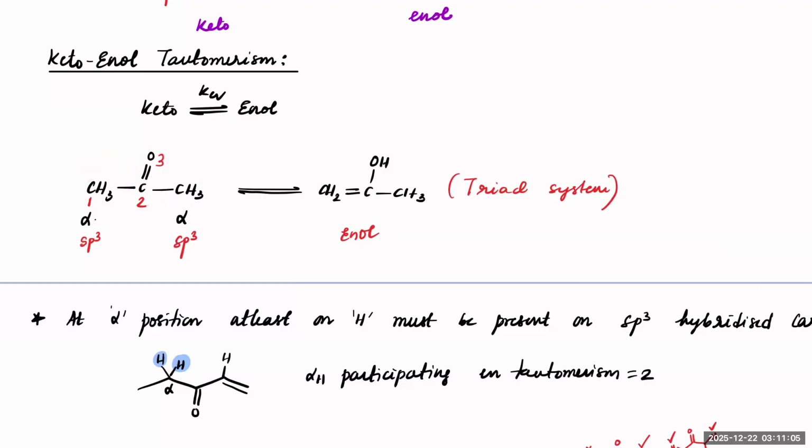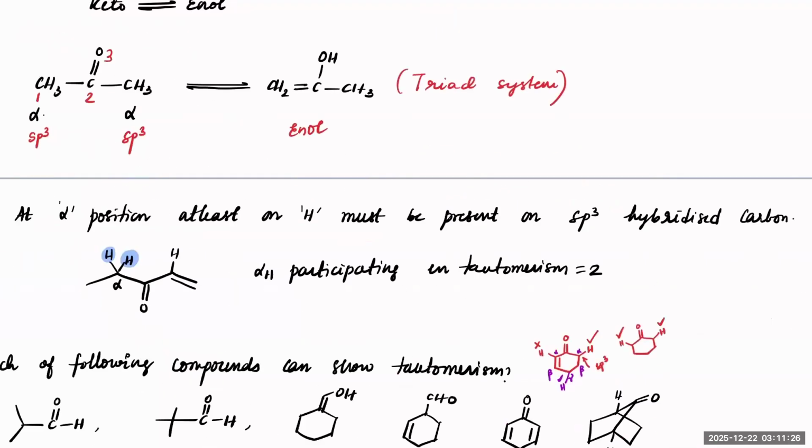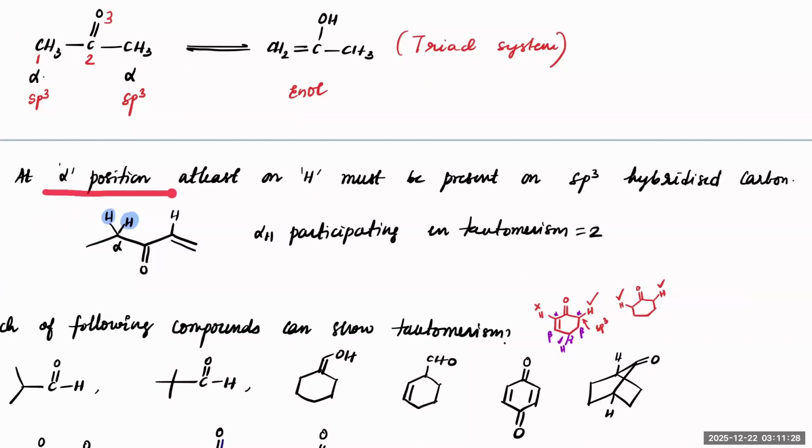In case you have an alpha hydrogen present on it, then we can showcase keto-enol tautomerism occurring. But what are the conditions? That hydrogen which is present must be on a carbon which is sp3. It must be sp3 carbon only. So these two are the important conditions for keto-enol tautomerism. What is it? At alpha position, at least one hydrogen must be present on sp3 carbon.